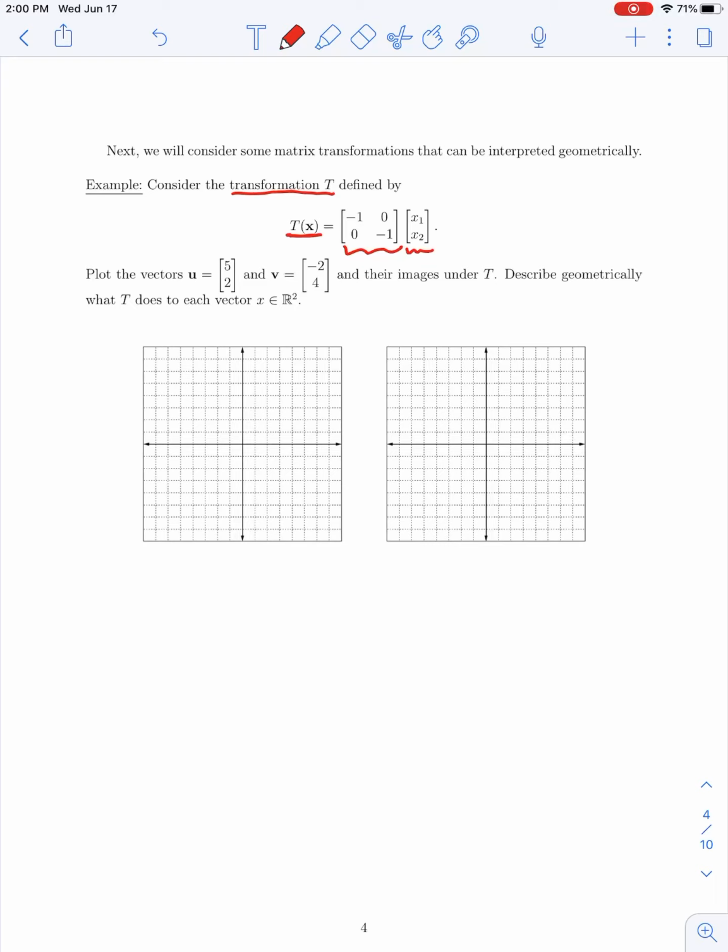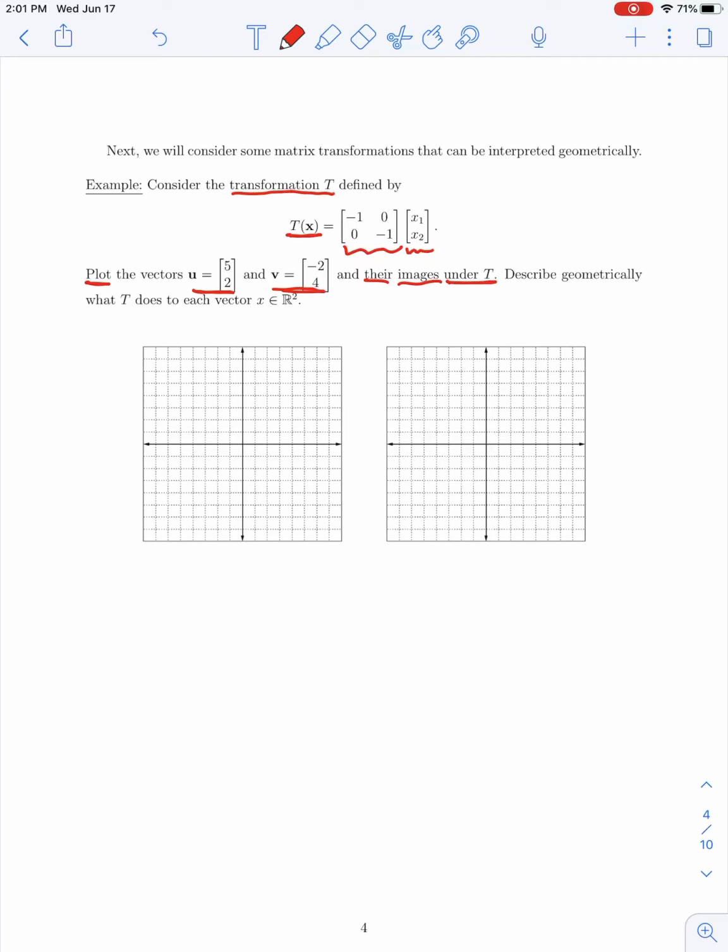So in this example, we are asked to plot the vectors u, which is 5, 2, and v, which is -2, 4, as well as their images under this transformation T, and then describe geometrically what this transformation T is doing to each vector in the plane. So let's start by sketching the vectors themselves.